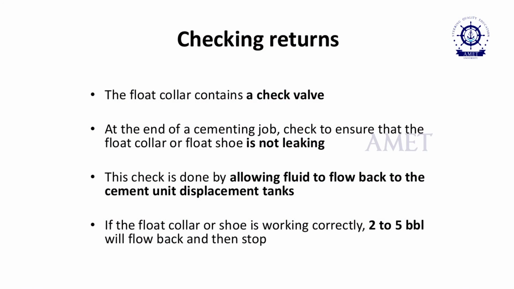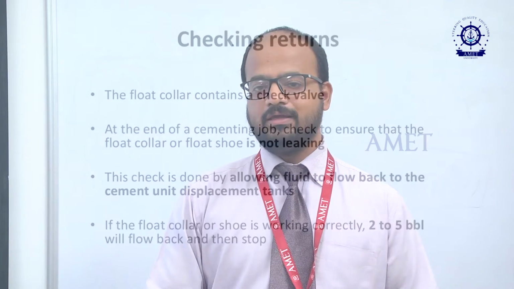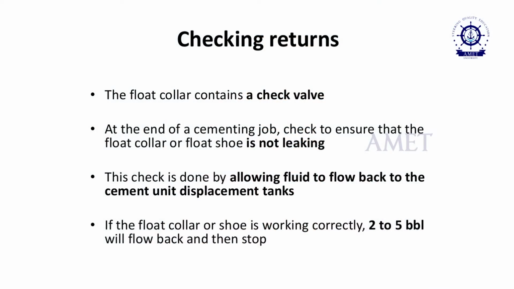Now the top plug is sent, followed by the displacing fluid. The cementing will completely come out from inside the well, and it should come directly to the annular space. Once it has come, the bottom plug and top plug get together, correct?